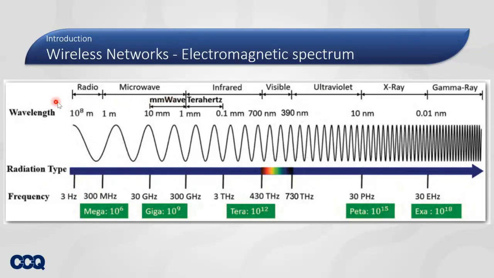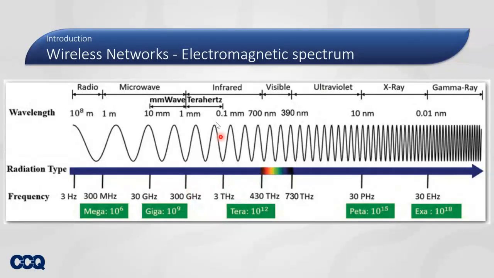And here is the radio spectrum, up to 300 gigahertz. This is the radio spectrum. And here, there is the millimeter wave. Between 30 gigahertz and 300 gigahertz, we have the millimeter waves. These waves will be used in 5G networks.